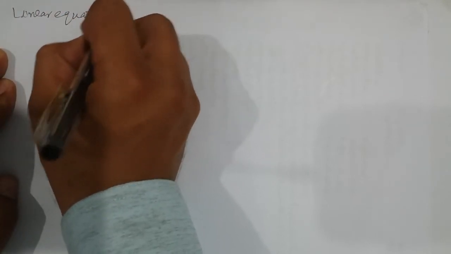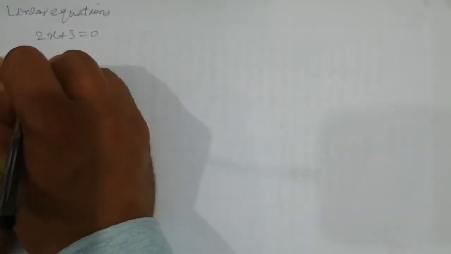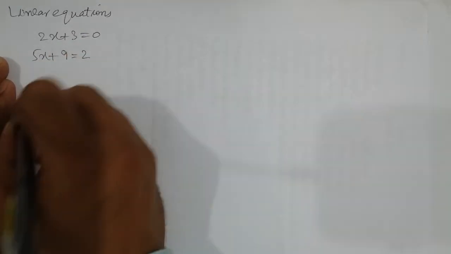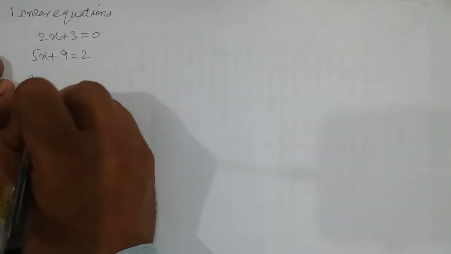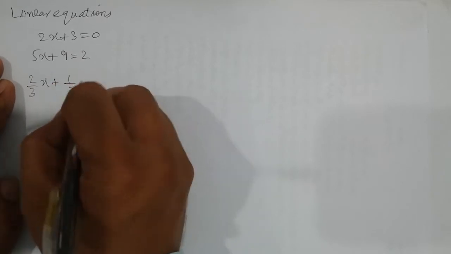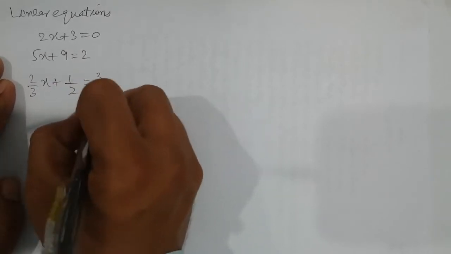Now let us write some examples of linear equations with numbers. For example, 2x plus 3 is equal to 0, 5x plus 9 is equal to 2, 2 over 3x plus 1 over 2 is equal to 3 over 5.